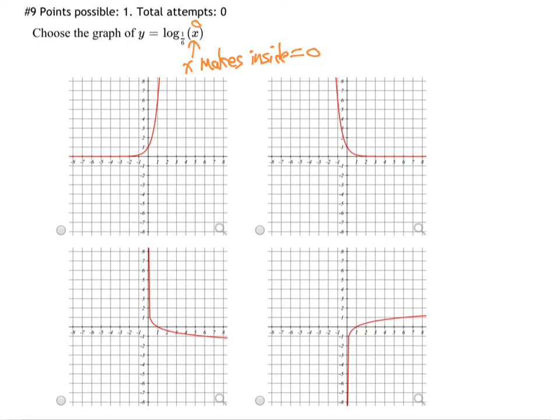That would just be 0, wouldn't it? So we start there, and that is your vertical asymptote. You could plug into your calculator, but you'll just get an error. Log 1/6 of 0. It'll tell you error when you do that.